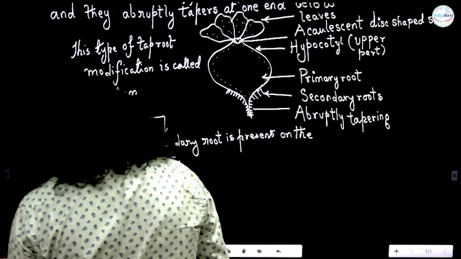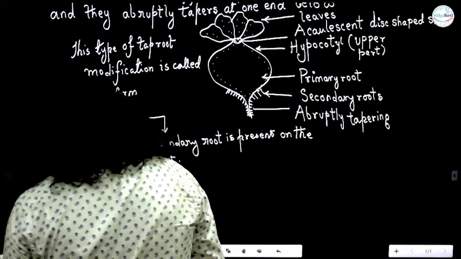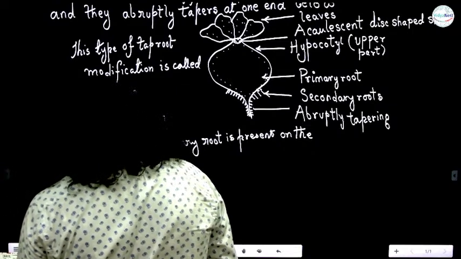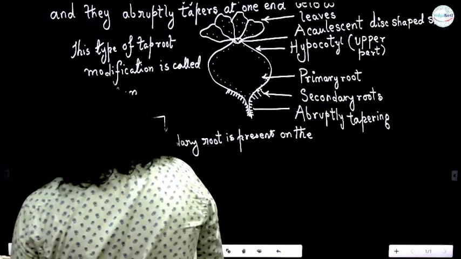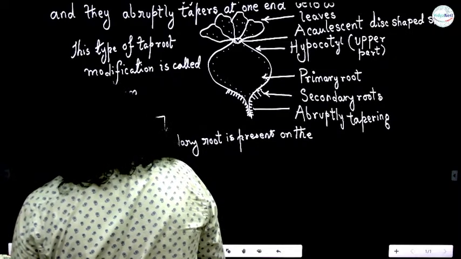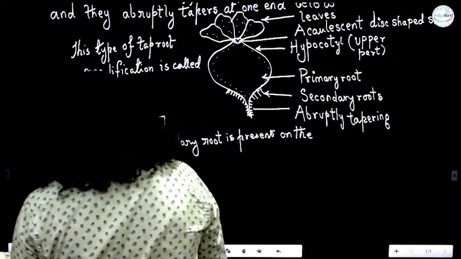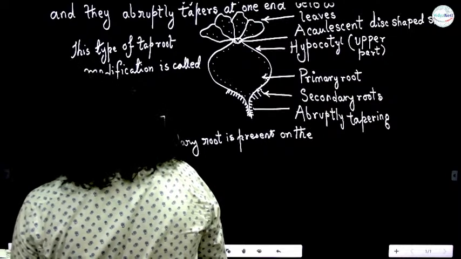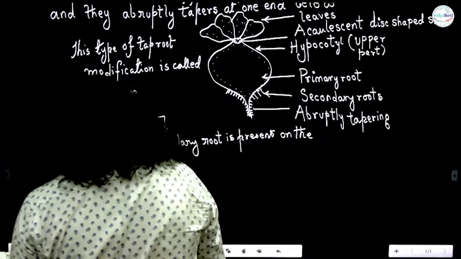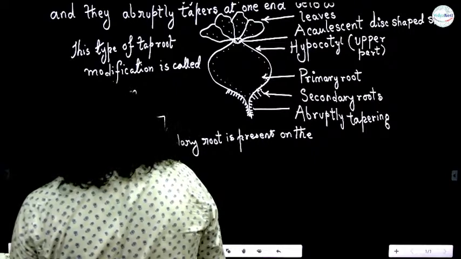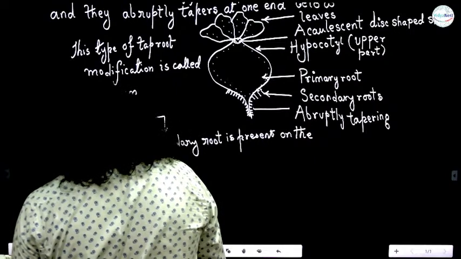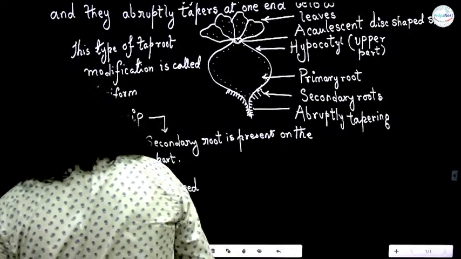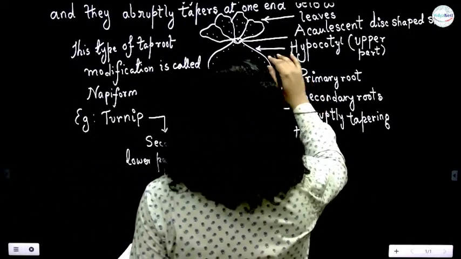It represents the hypocotyl, that means the upper highly swollen part which does not bear secondary roots. We generally know that the primary root bears the secondary roots. So the upper part which is highly swollen, which is not the primary root, represents the hypocotyl. This one. This represents the hypocotyl.